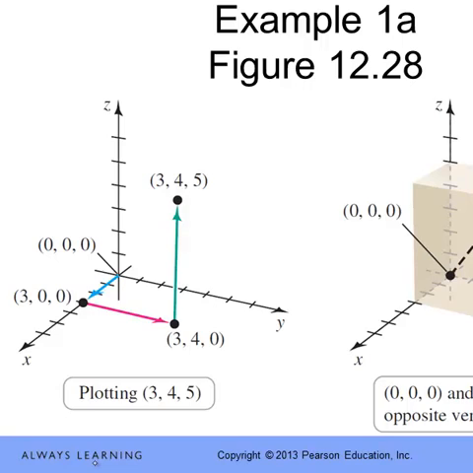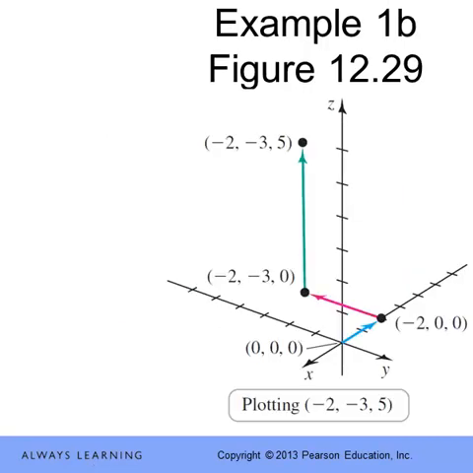We call this the rectangular three-dimensional coordinate system. Or if you have the point with coordinates -2, -3, 5, well, we locate that by going 2 units back this way in the negative x direction, and then 3 units in the negative y direction, and then 5 units up.